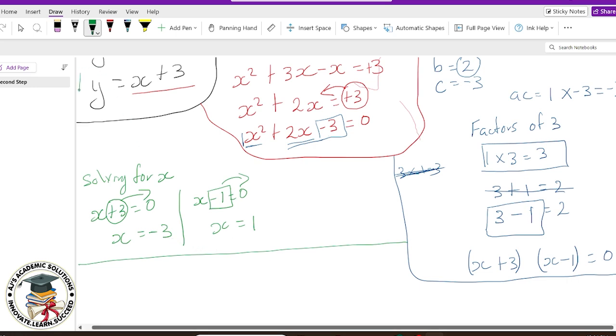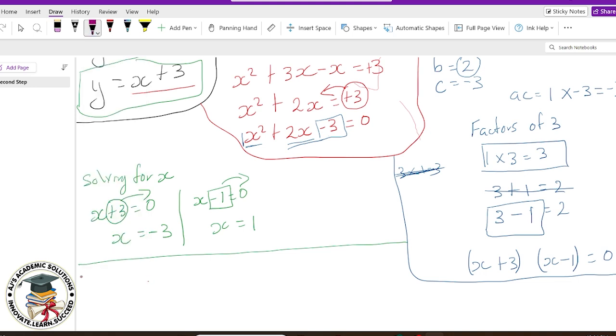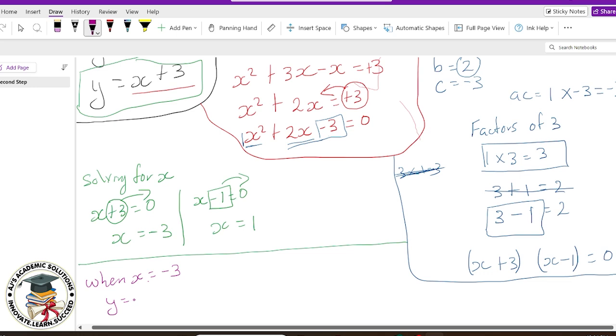Now you always try to make use of your linear equation. So let's move into the very last step here now. Let me go with purple. So we're going to say when x is equal to minus 3, we're going to put y is equal to x plus 3.